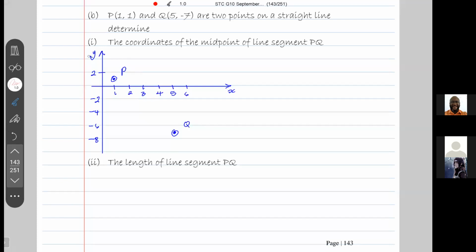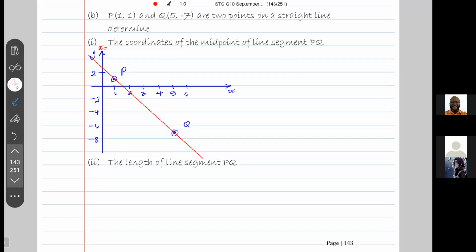So let's draw our straight line going through P and Q. So this is our straight line, which is passing through P and Q. From now on, when we are talking about this line that passes through P and Q, we're talking about this red line.